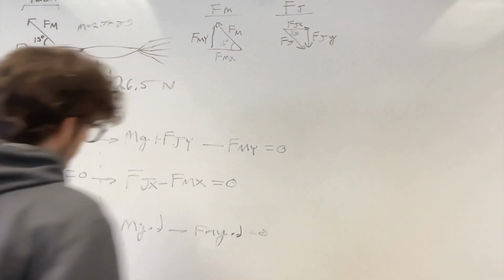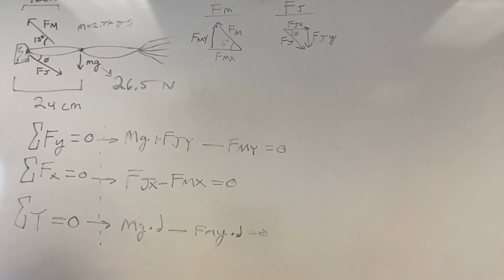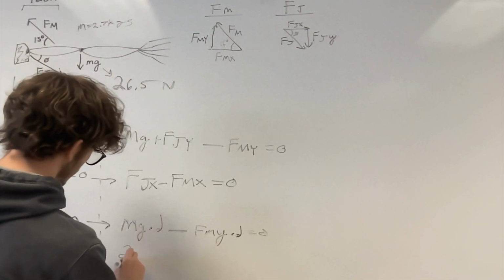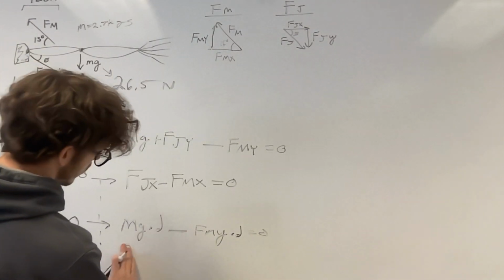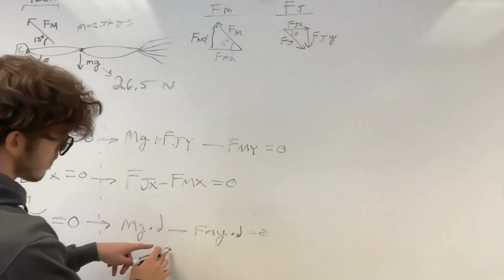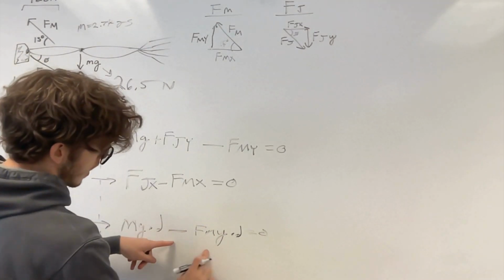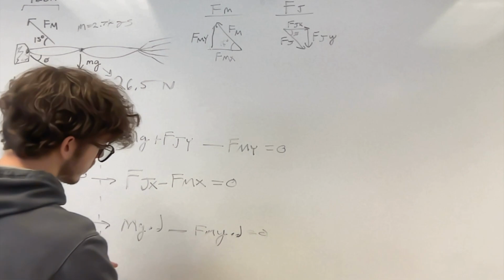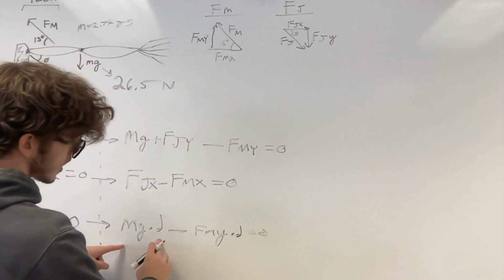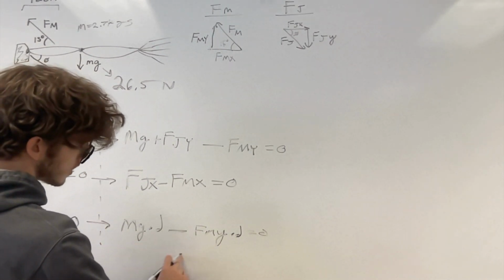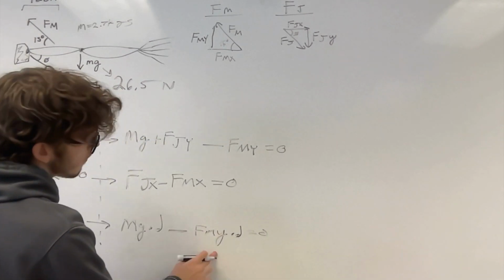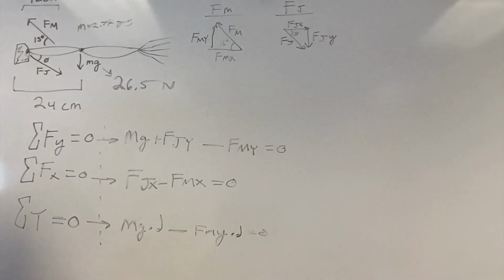Quite simple here. Imagine that I'm putting F_m of y times distance on the other side, so mass times gravity times distance is equal to F_m of y times d.